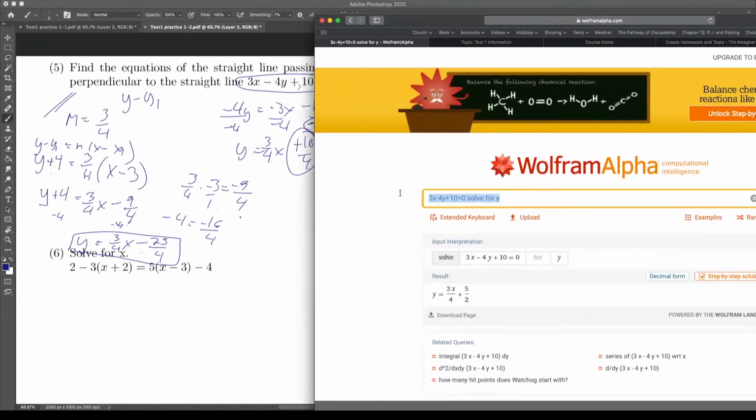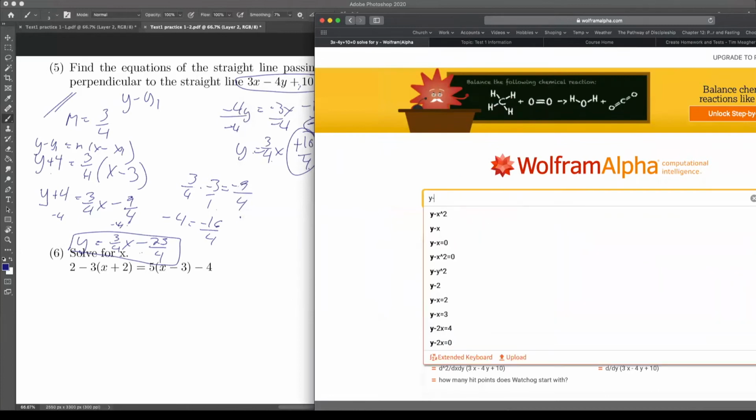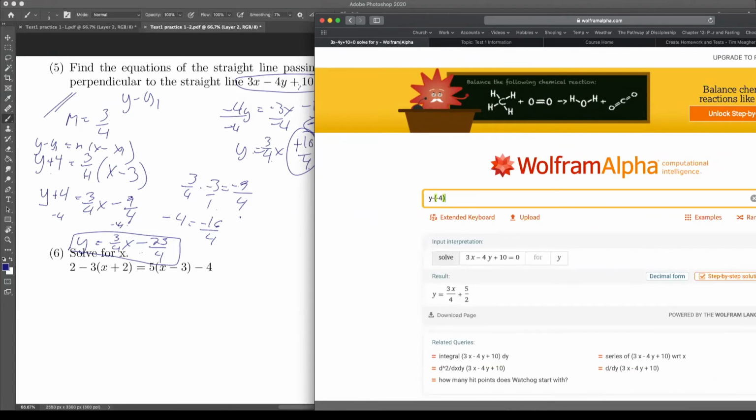Then we can type in our problem, which is y minus y1, and this will be minus 4. It's equal to m, which is 3 divided by 4 times x minus 3.